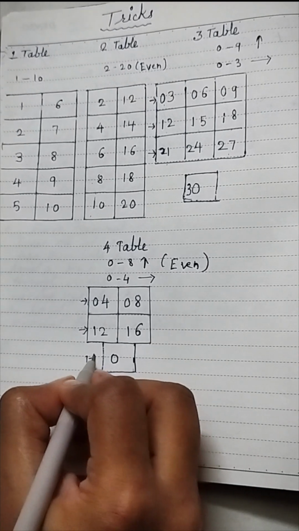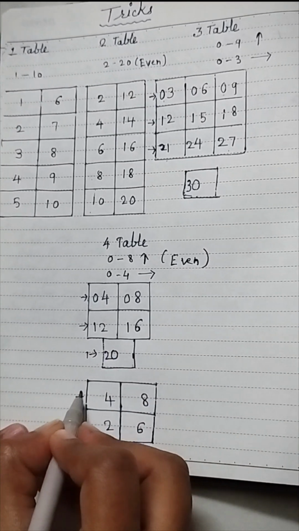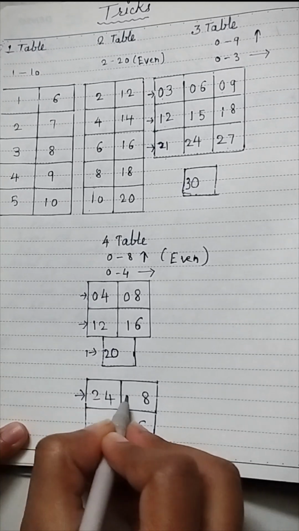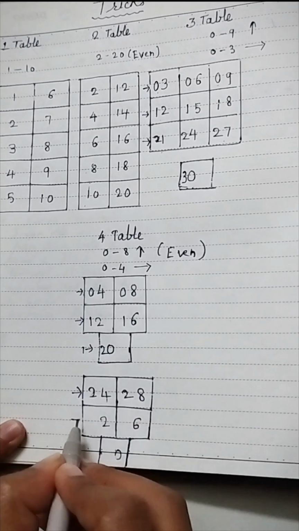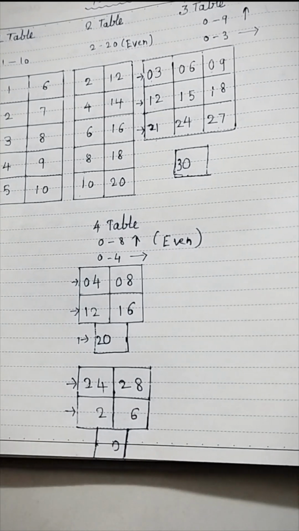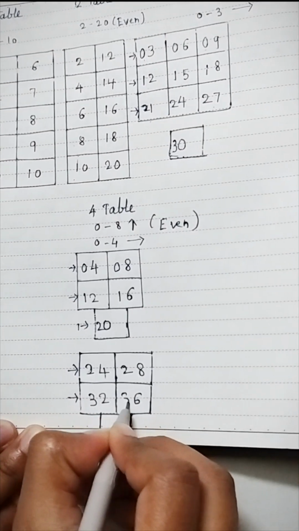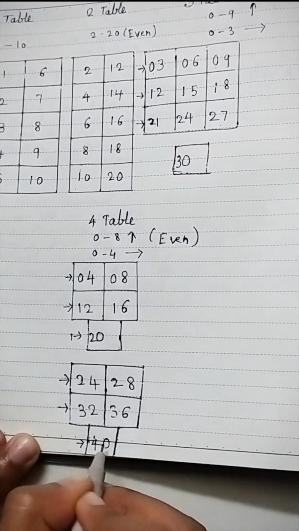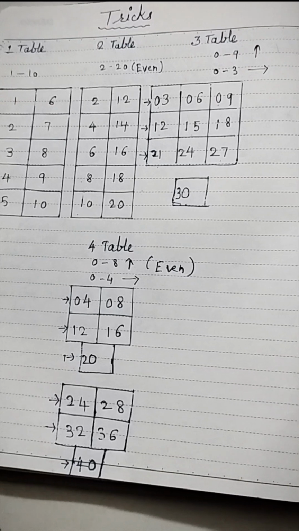In the third row you have to take 2. In the fourth row you have to take the same number, that is 2. Remember this. And in the fifth row you have to take 3, 3, 3. And here last you have to write 4. So you can see here our fourth table is done.